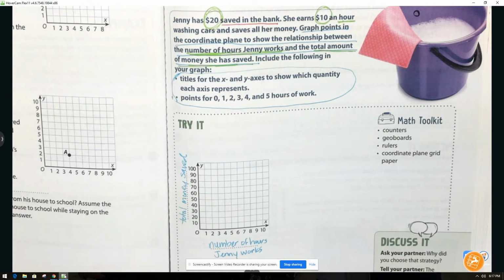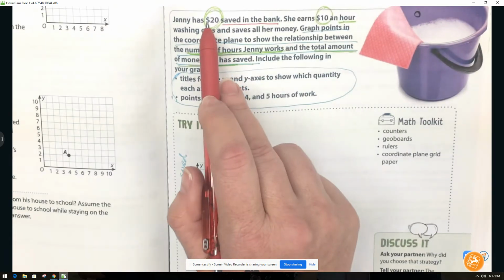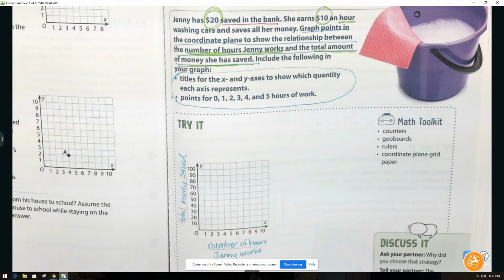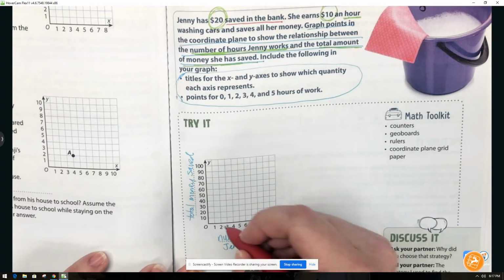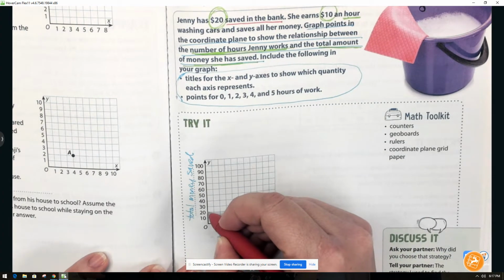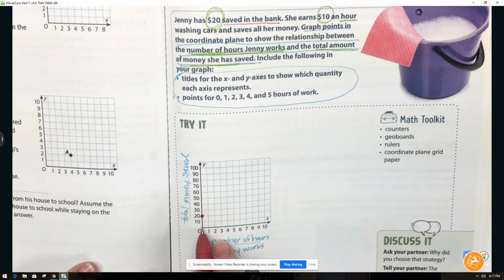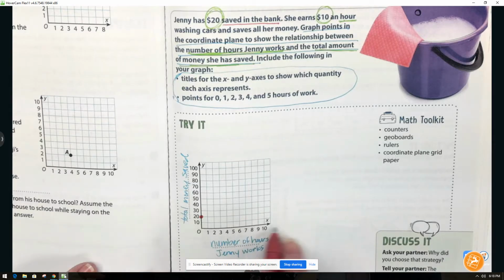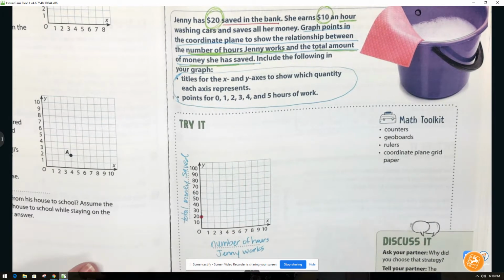She does have some money because in the problem it says Jenny already has $20 saved in the bank. So even if Jenny does absolutely nothing for the rest of her life, she has that $20 saved in the bank. So if she works 0 hours, she has $20 saved in the bank. Our x-axis is how many hours she worked. So for 0 hours, she has $20.